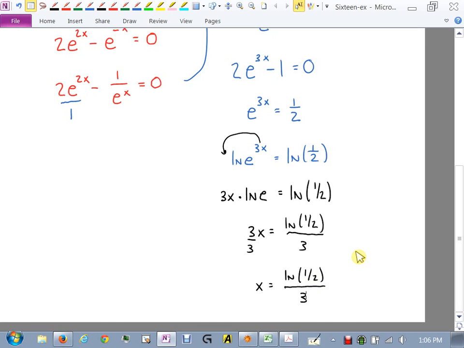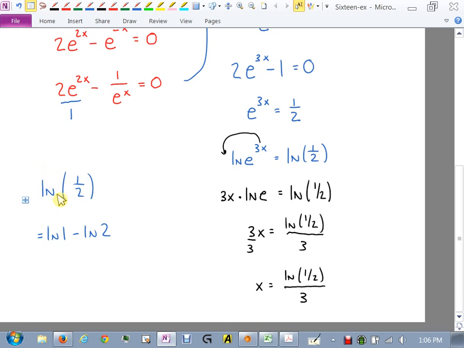I'm pretty sure that that is not the way it looks in the back of the book. Just like that? Yeah? Okay. Because, whoa, hey, easy, easy. Because if I were doing that, I'm looking at natural log of 1 over 2 as being natural log of 1 minus natural log of 2.